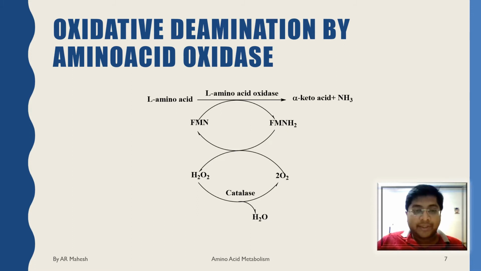So in this reaction you can see that L-amino acid in the presence of amino acid oxidase enzyme is converted to keto acid and liberation of ammonia is seen. Deamination reaction is seen. This reaction is catalyzed by conversion of FMN to FMNH2, and FMNH2 is oxidized to FMN again.